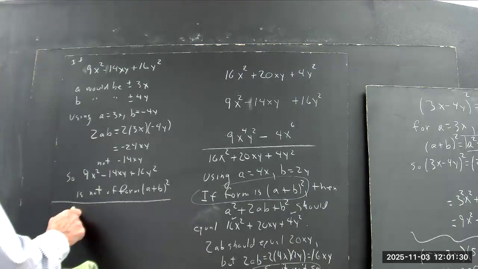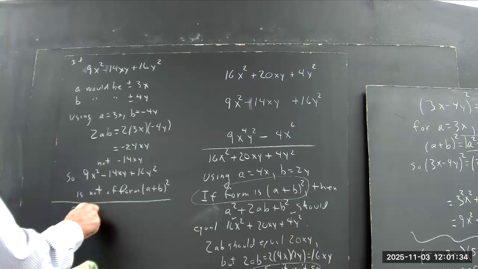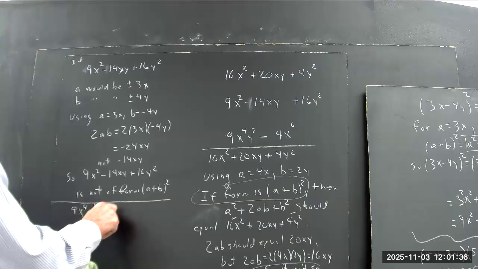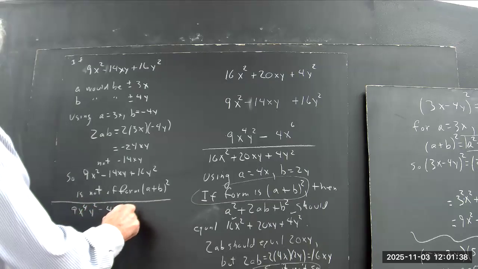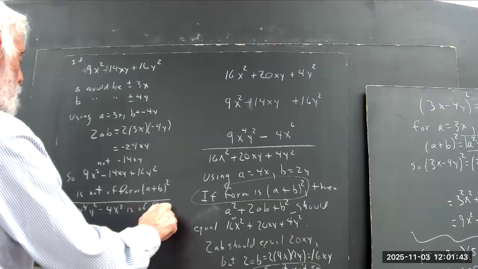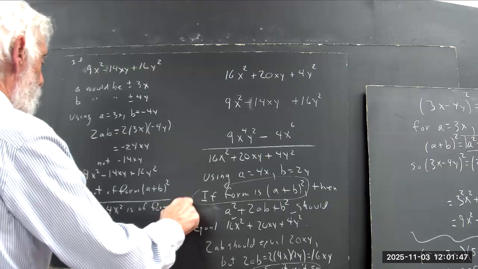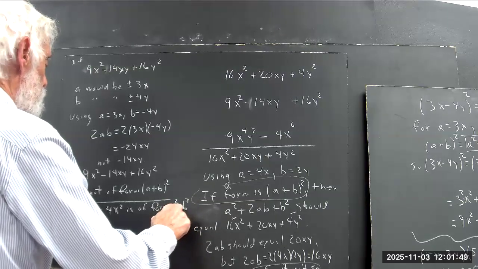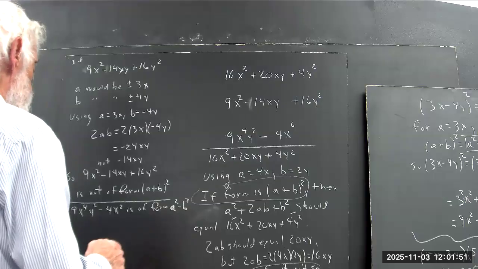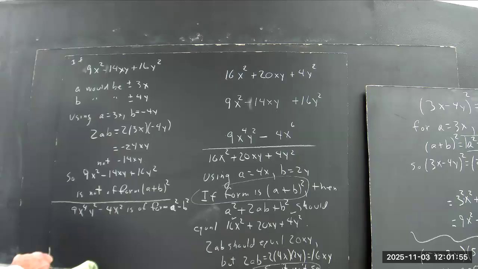Now, this is of the form A squared minus B squared.